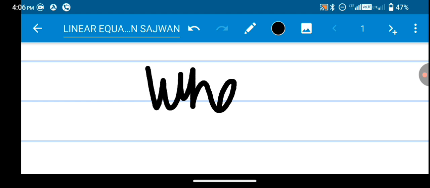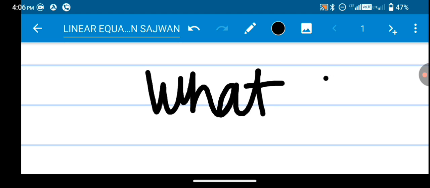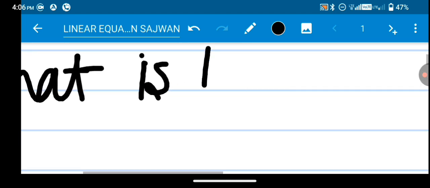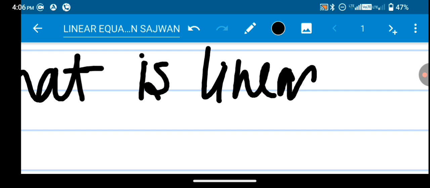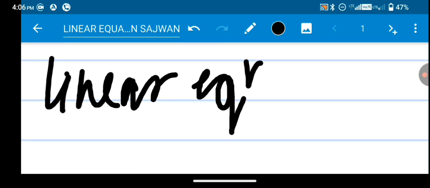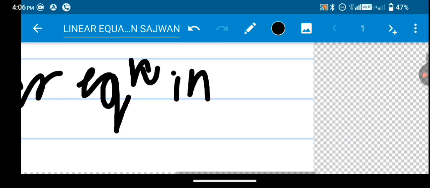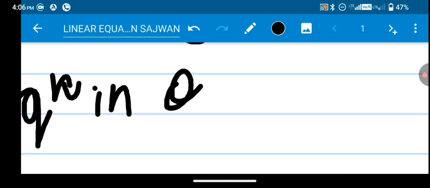What is a linear equation in one variable?